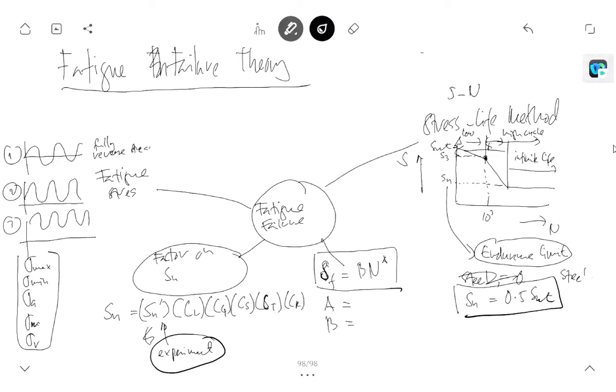So the different types of loading will have different sigma max, sigma mean, sigma A, sigma min, and stress range.